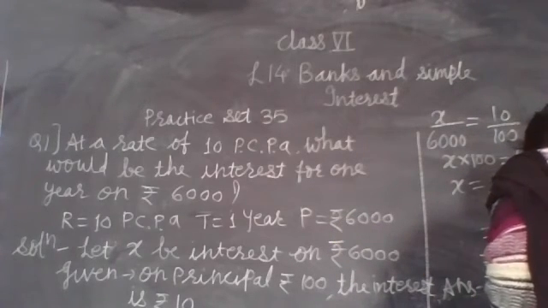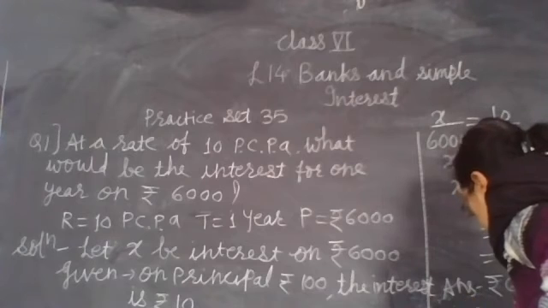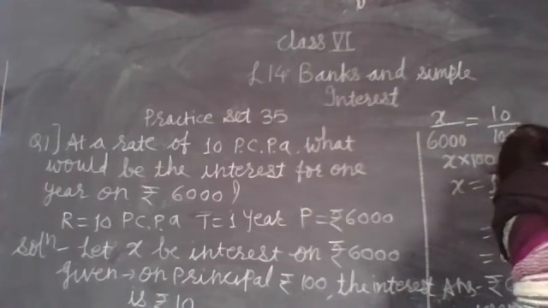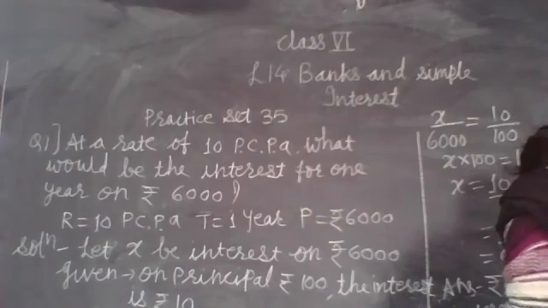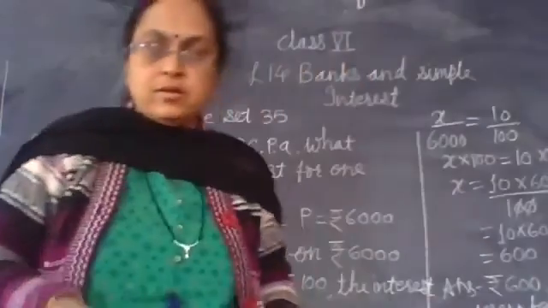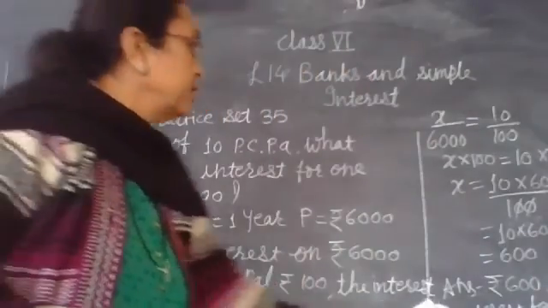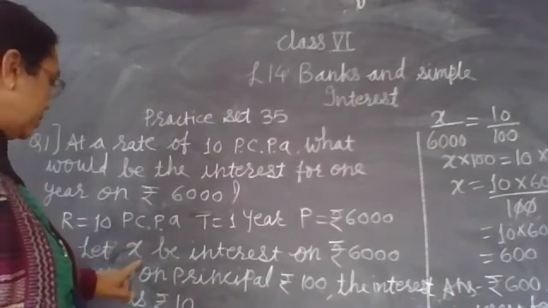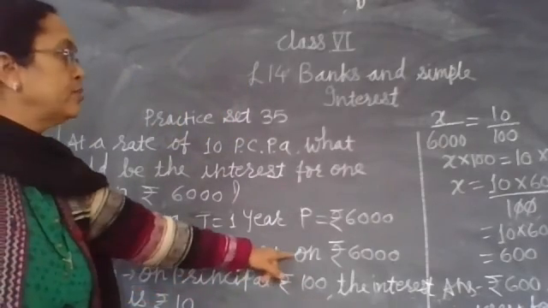So the simple method we are using is taking the ratio of interest to principal.